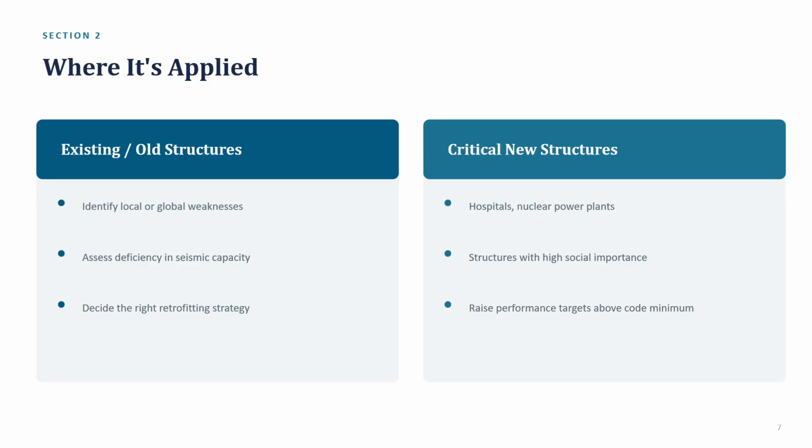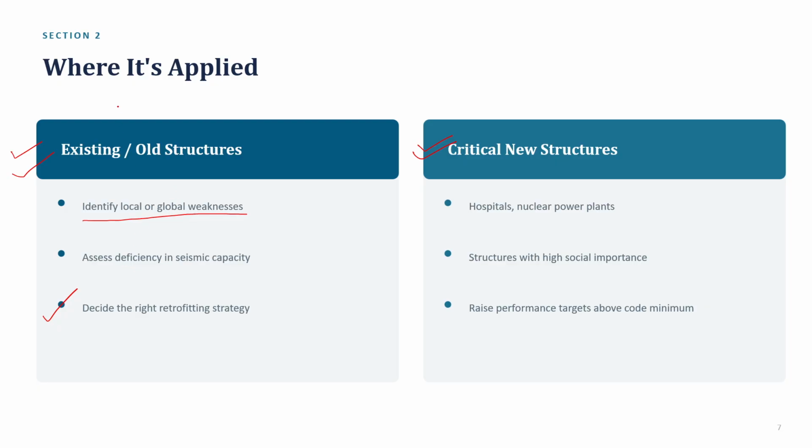Now, the application of performance based design is for both existing old structures as well as new critical structures. In old structures, you can identify the local or global weaknesses. Where the structure is weak, we can improve that, or we can decide what kind of retrofitting strategy we should go for, and using this strategy we can improve the performance of the structure.